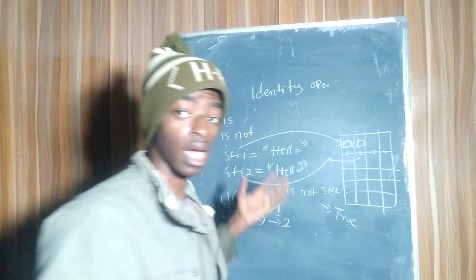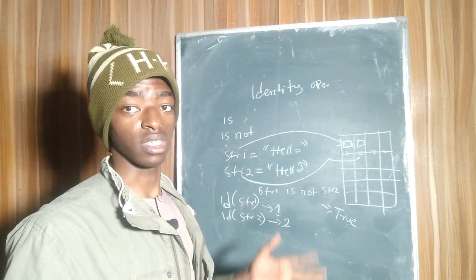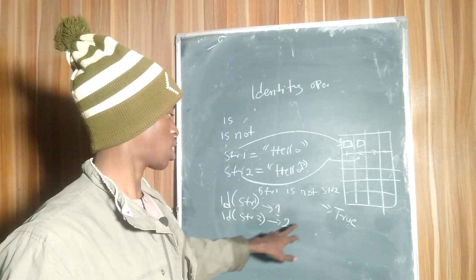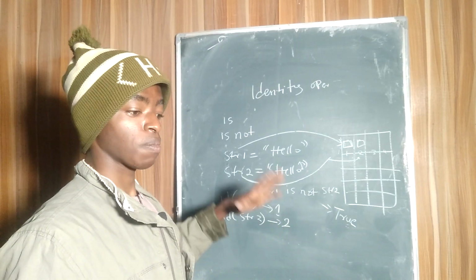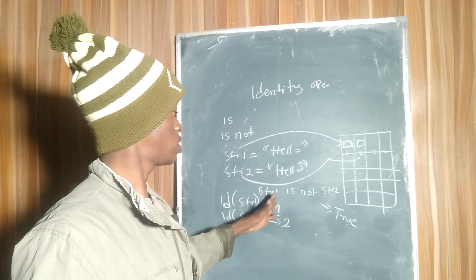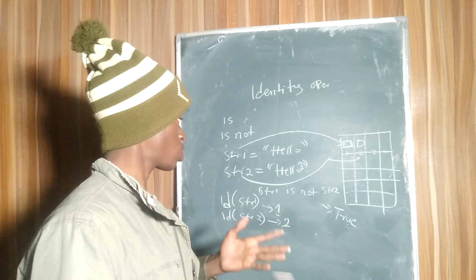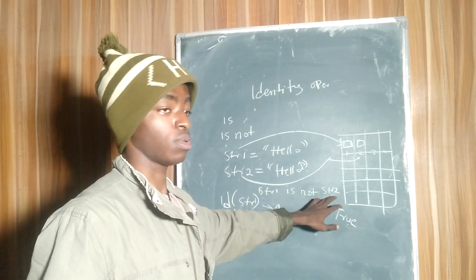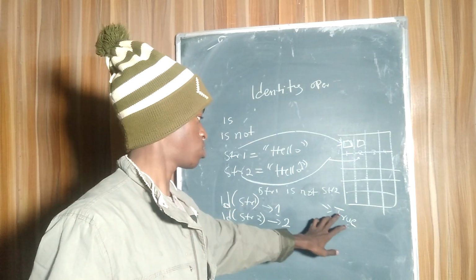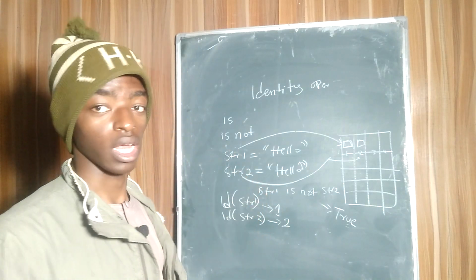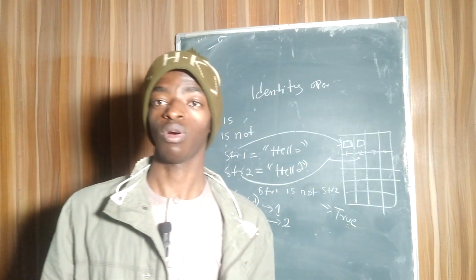Because string 1 has an id of 1 and string 2 has an id of 2. So when you check if id of string 1 is not equal to id of string 2, the program will say yes. So this is the identity operator, and I hope you understand what the identity operator is.